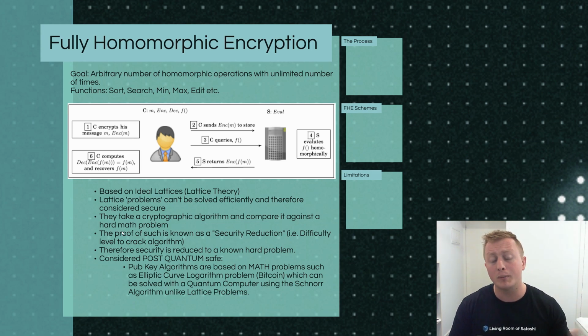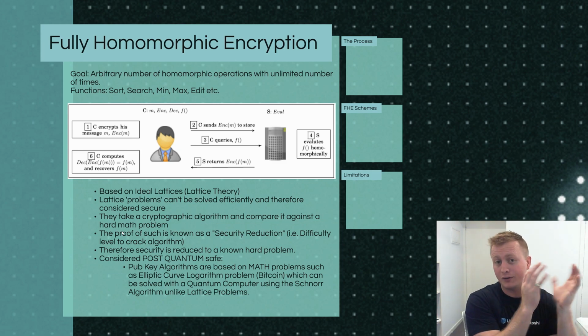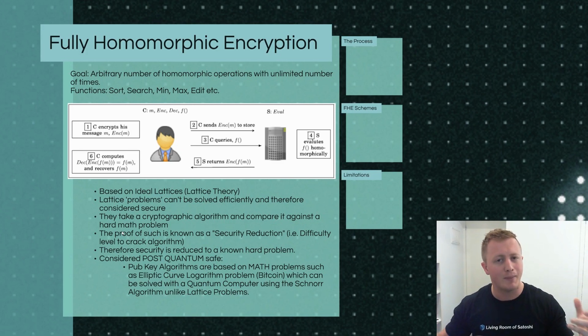So lattice problems can't actually be solved efficiently and therefore are considered secure in a manner, which is a portion of why Gentry used this for his homomorphic encryption scheme. What they actually do is take the cryptographic algorithm in this circumstance and they compare it against what's known as a hard math problem.